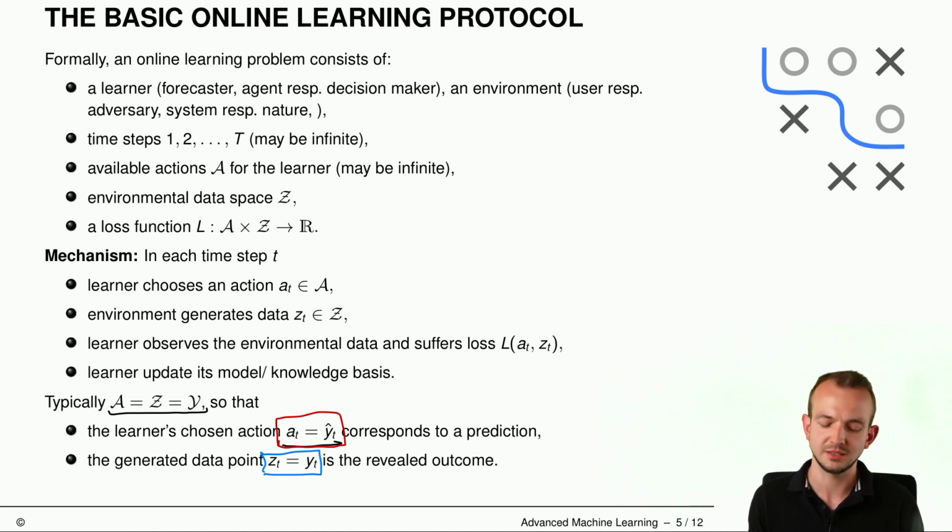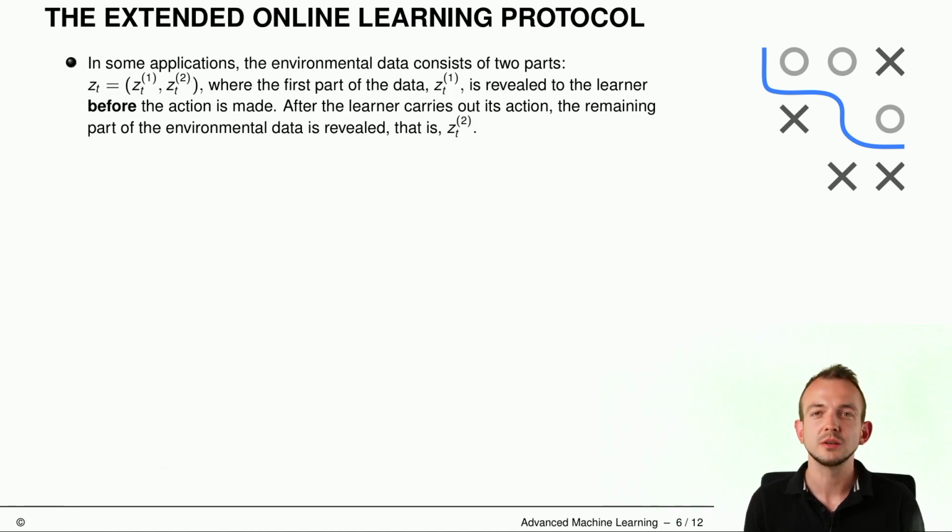You can extend it. You can play around with the order, whether the environment generates the data beforehand, or generates a part of the data before the action is taken. And this is the extension we will also consider here.